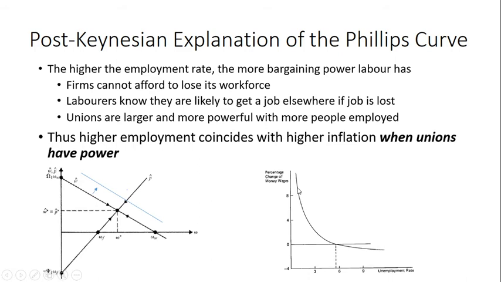Why? Because the bargaining power of labor has increased. However, this is in some sense the post-Keynesian explanation of why the Phillips curve may exist, why we may see this relationship. But notice, out of these 3 points, one of them was very much conditional on the convention that unions exist and push for higher wages for its members.